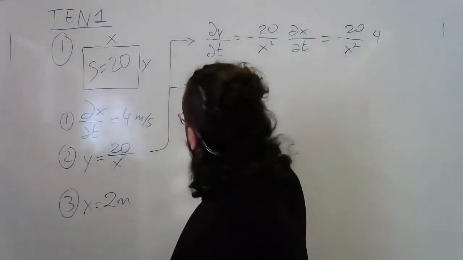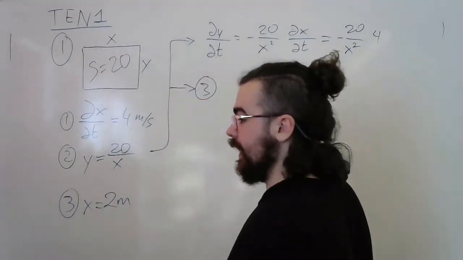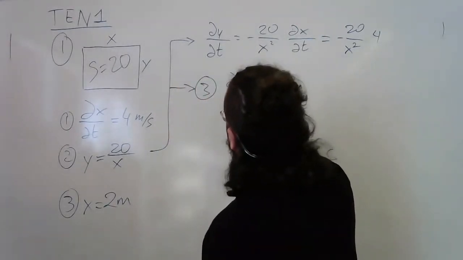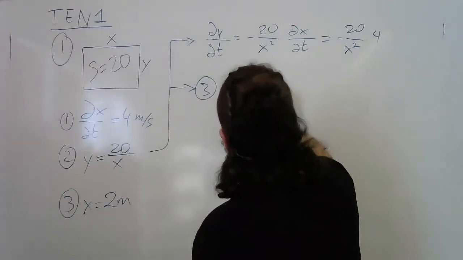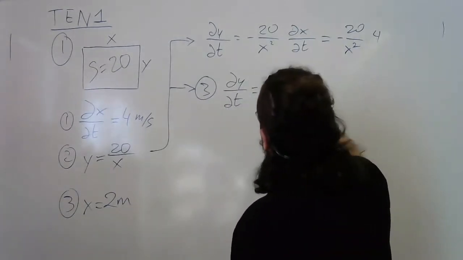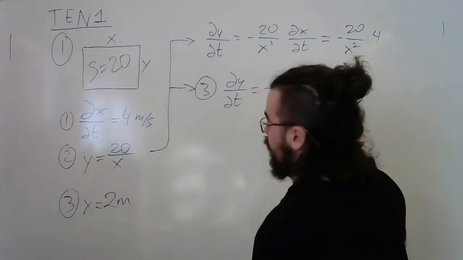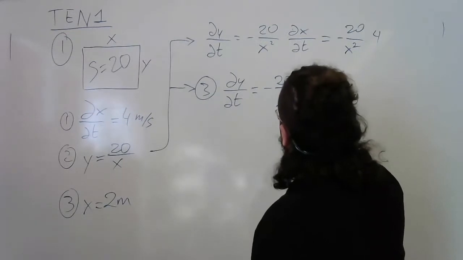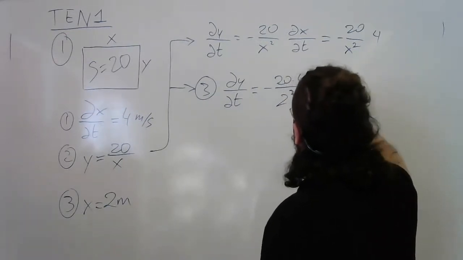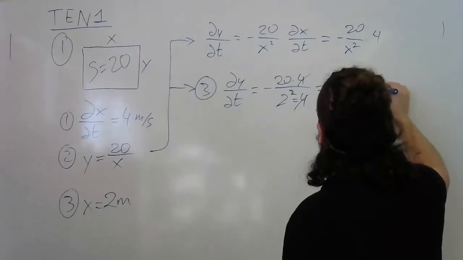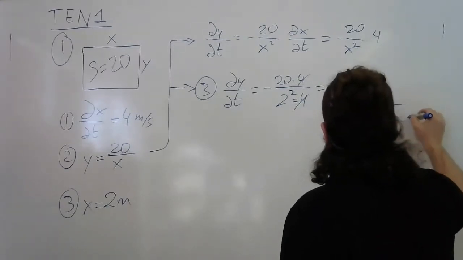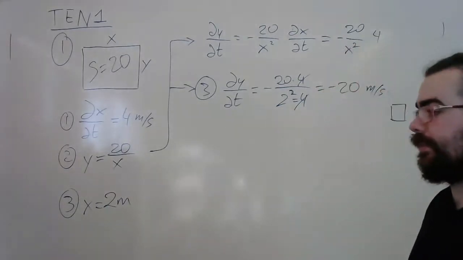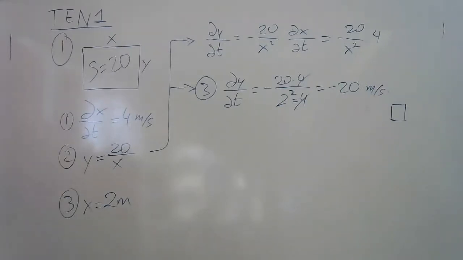So we apply our piece of data number 3, and so the decrease rate of y is minus 20 times 4 divided by 2 squared, which is also 4. So the height decreases at minus 20 meters per second. Now, questions about this first exercise?